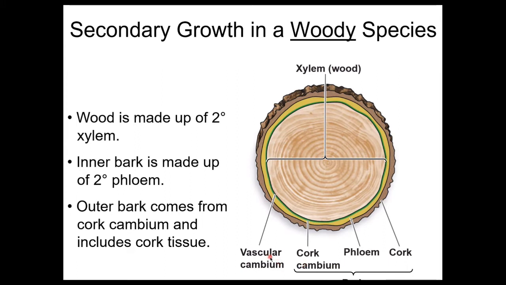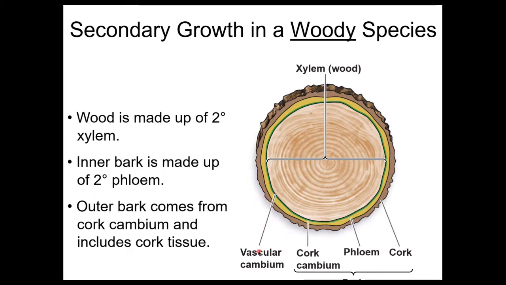The vascular cambium gives rise to secondary xylem on its inside and secondary phloem to the outside. And obviously, the further out you go, the faster you have to divide to keep up. That's why the phloem vascular ray gets dilated.